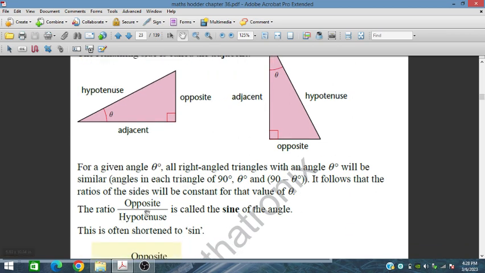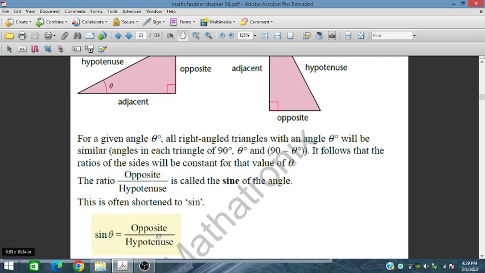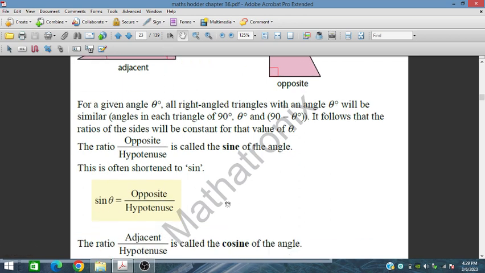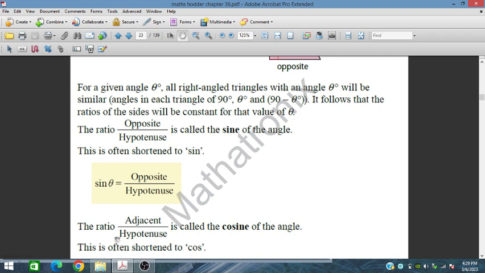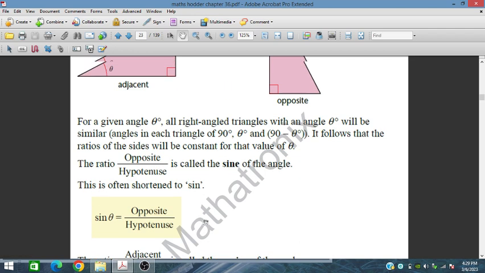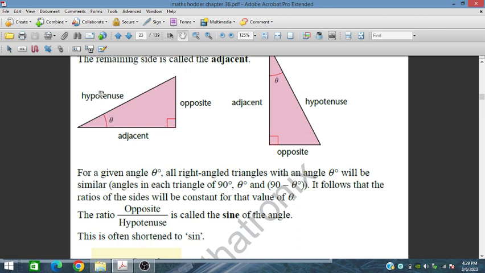The ratio opposite upon hypotenuse is called the sine of the angle. So sine theta is equal to opposite upon hypotenuse, while cosine is adjacent upon hypotenuse.